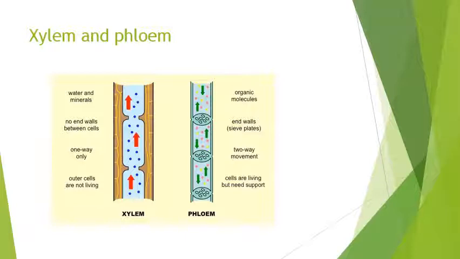Water and minerals are only ever transported upwards from the roots to the leaves, whereas for the phloem, it's slightly different. We have these end plates, so the cell walls between these cells are still present, the cells are alive, and sugars and amino acids can be transported both ways.